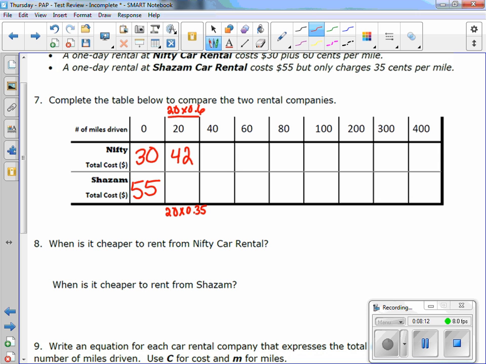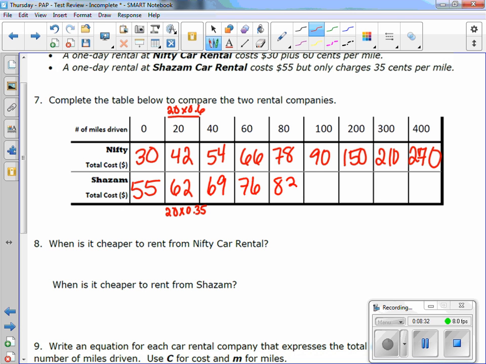So $7 plus your 55 gives you 62. So you would continue filling in your chart in this manner. And then we're going to answer the questions that follow.